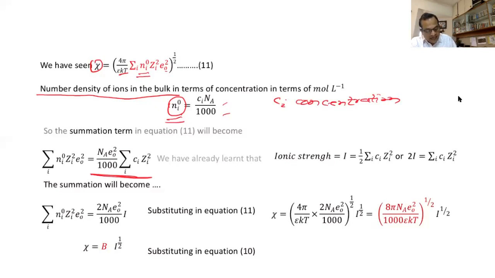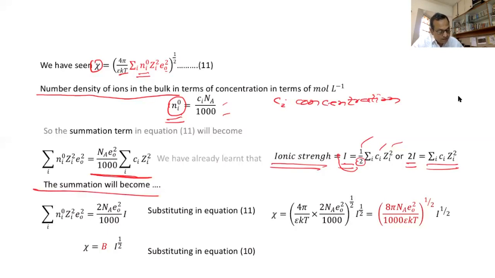We have already learned that ionic strength I is equal to half the summation of C_i Z_i square. We already did that in your 12th standard. So I just put this to this side, I get 2I equals the summation of C_i Z_i square. And the summation will become 2 N_A e0 square upon 1000 into I. Now I am substituting this value of the summation into this equation.